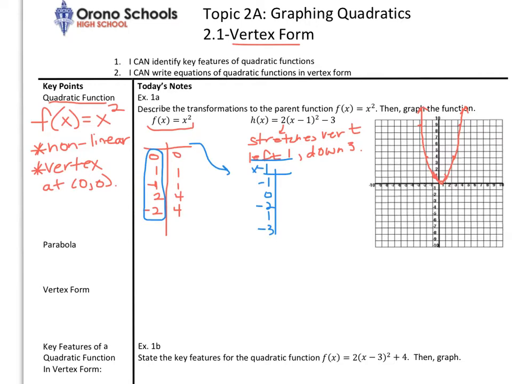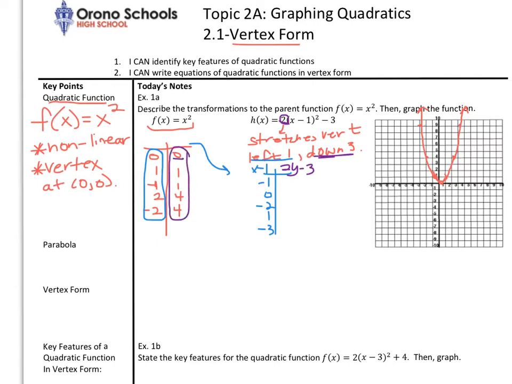Then take a look at the vertical stretch by 2 and down 3. That means we'll take all of our outputs and multiply them by 2. And then down 3 means we subtract 3 from them. That's what we're going to do to all of these numbers.